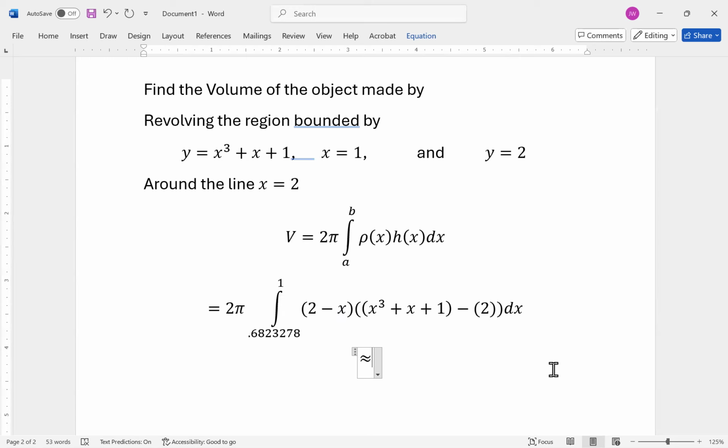It's a lot less than doing everything by hand. And I end up with just a little bit over 1 if I round to 2 decimal places: 1.01. That is after I've multiplied by 2 pi, by the way. So that is my final answer after I've multiplied by 2 pi.